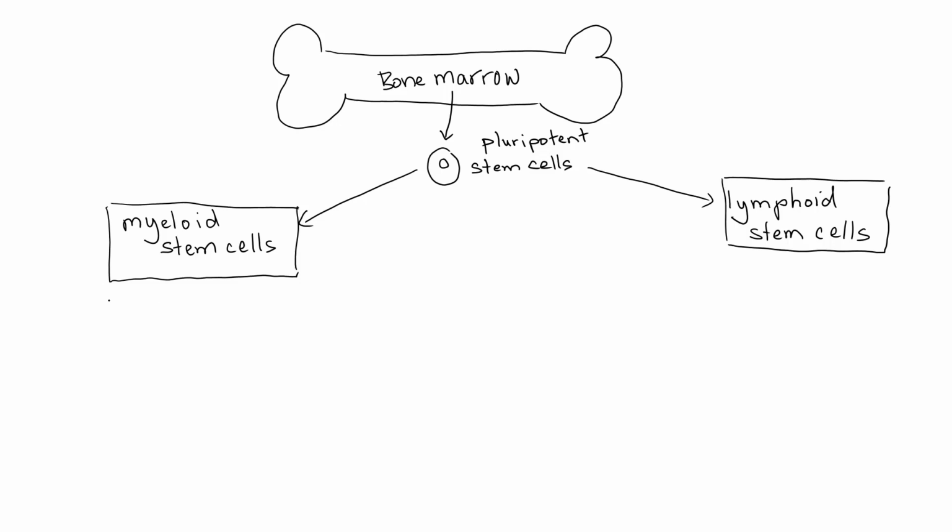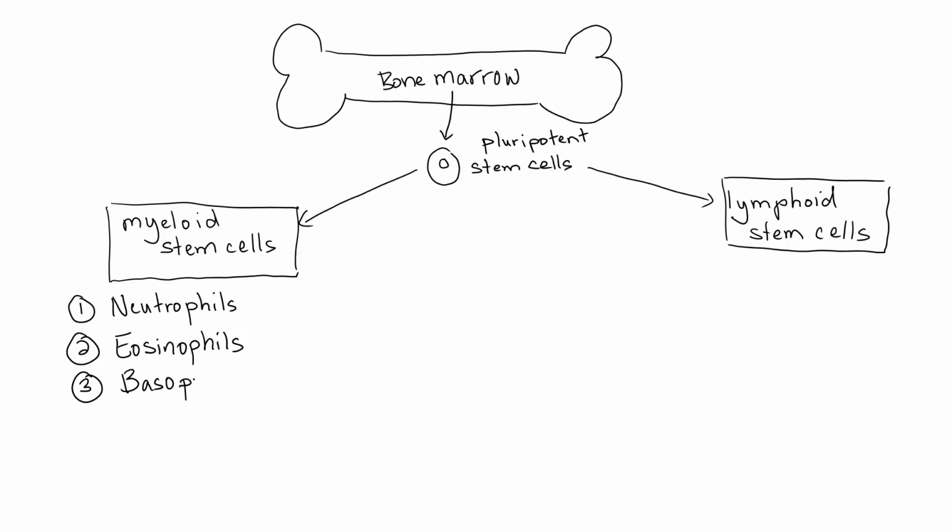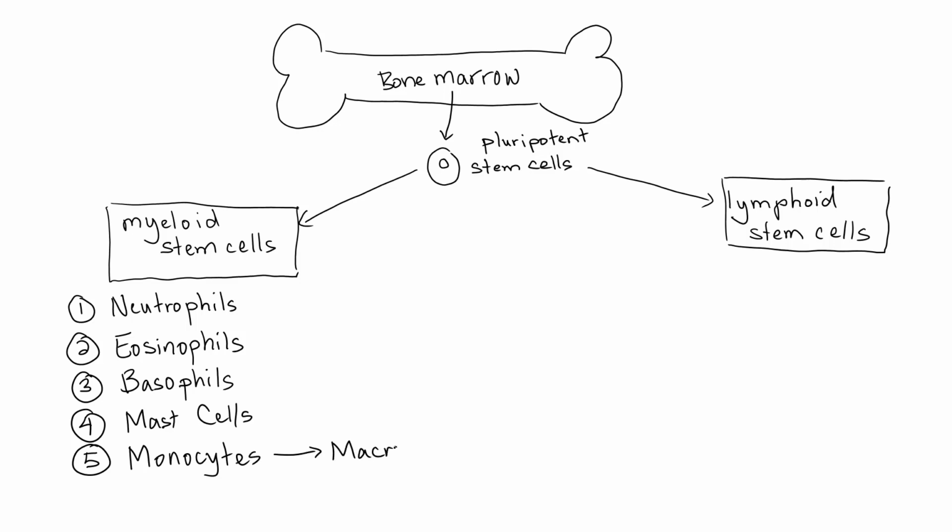So the myeloid stem cells give rise to neutrophils, eosinophils, basophils, mast cells, monocytes, which further differentiate into macrophages, and dendritic cells.